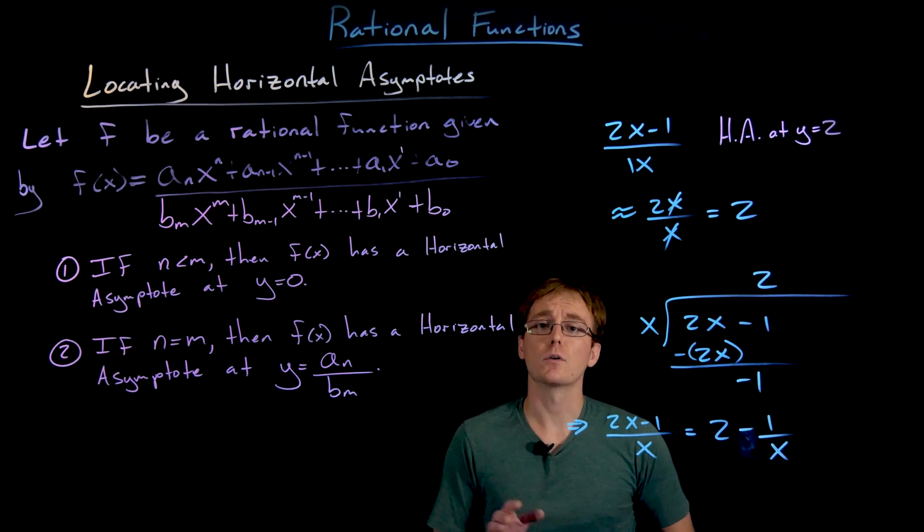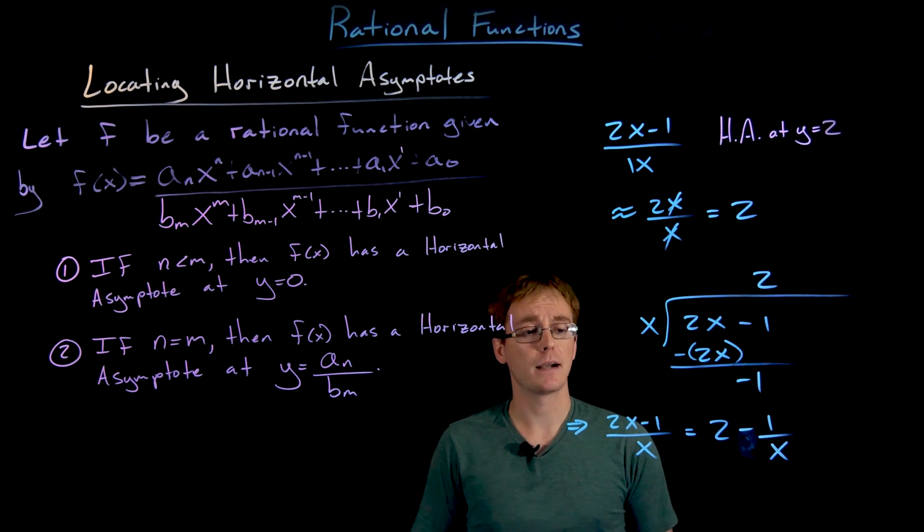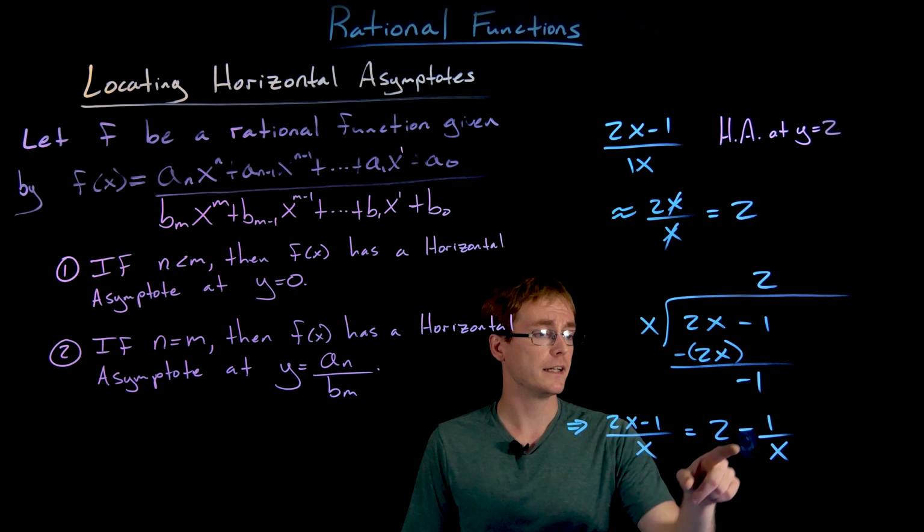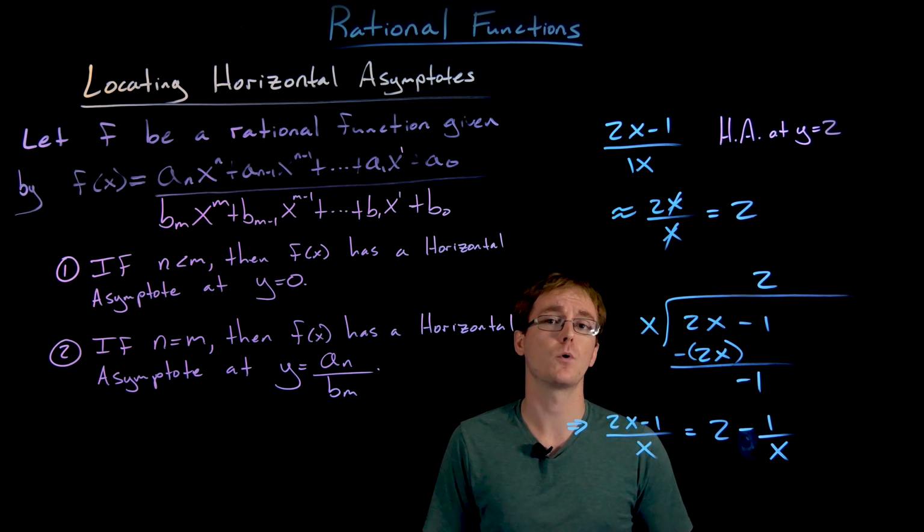So we can rewrite or simplify these case 2 type rational functions by breaking them apart and writing them in a more proper way. For this example, 2x minus 1 over x, it simplifies to 2 minus 1 over x.